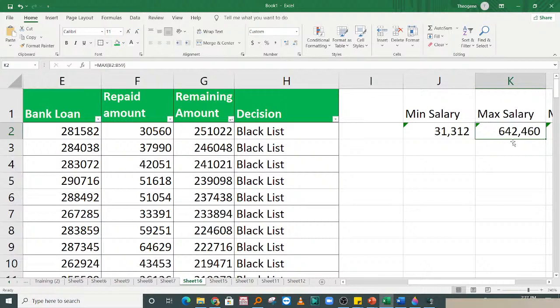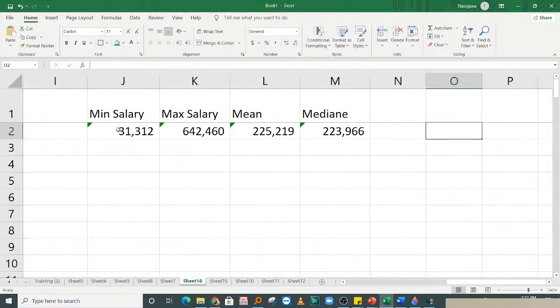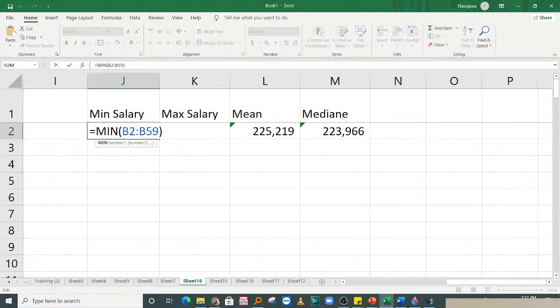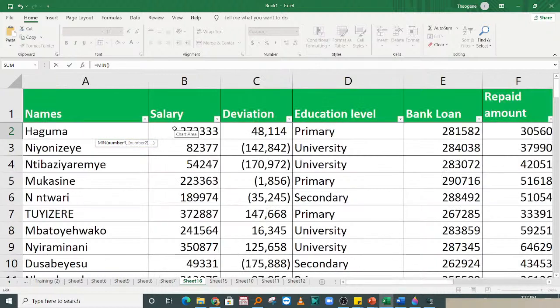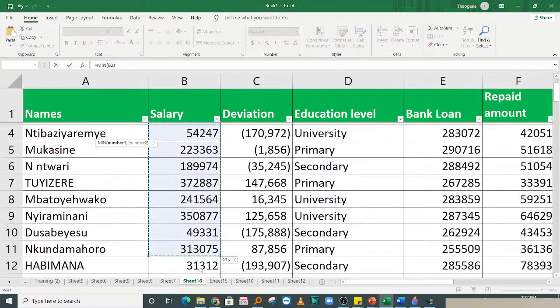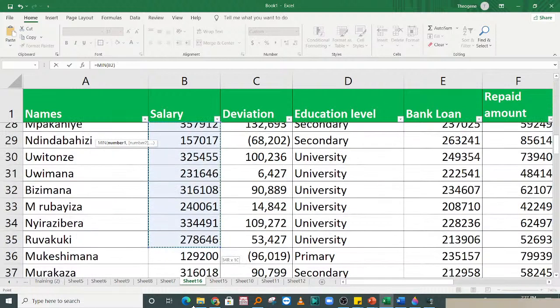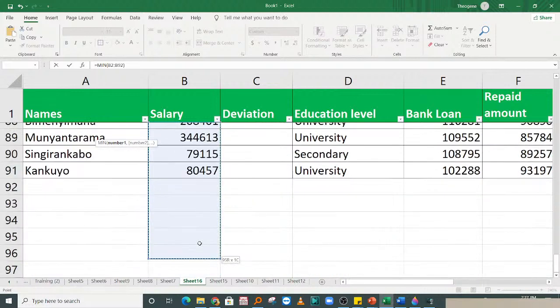Let me repeat once again: the minimum should not be 250. What should the minimum be? We have filtered and we didn't find all the data, because we were working only on blacklisted people.